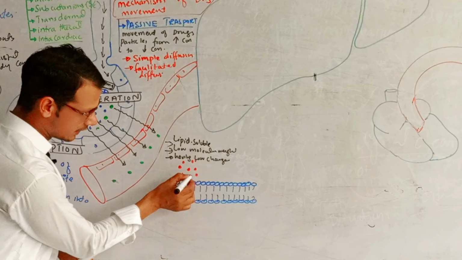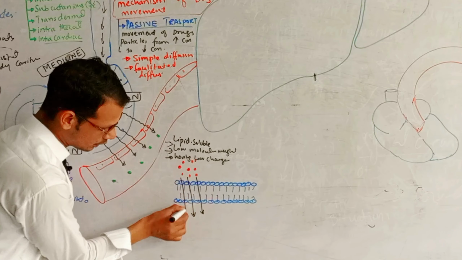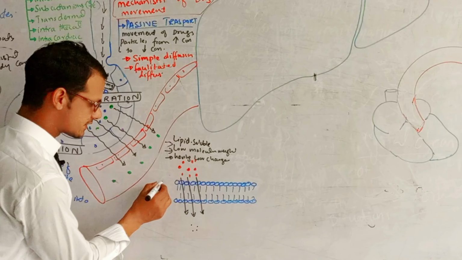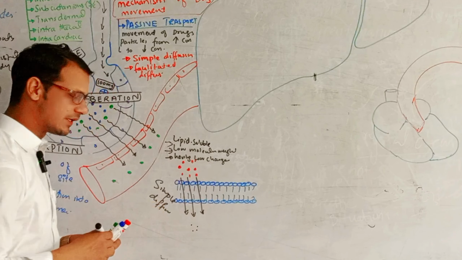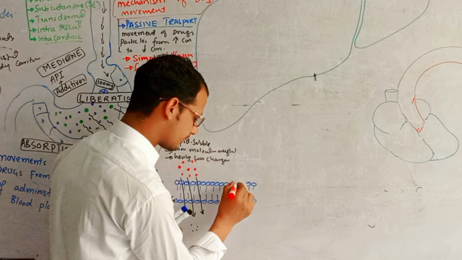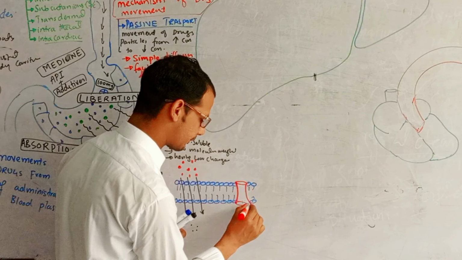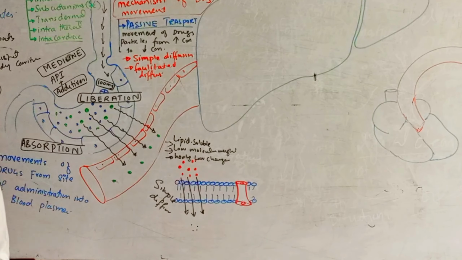What is simple diffusion? The movement of the drugs from high concentration into lower concentration. This is called simple diffusion. What is facilitated diffusion? When the drug uses some protein channels, specific channels, this is called facilitated diffusion.